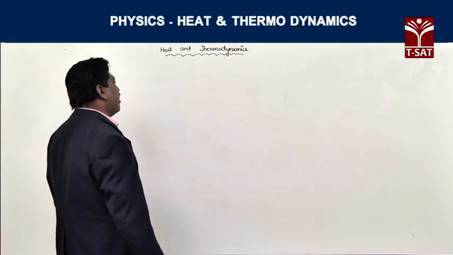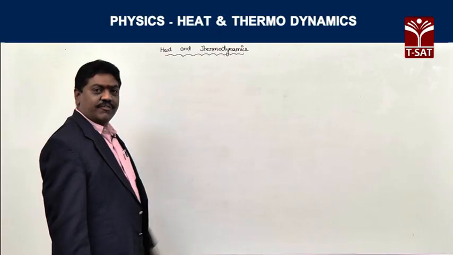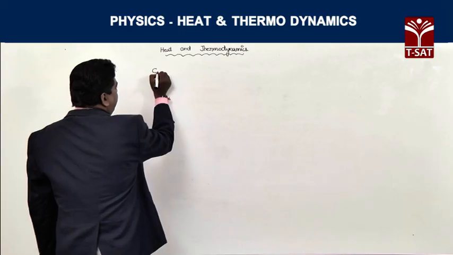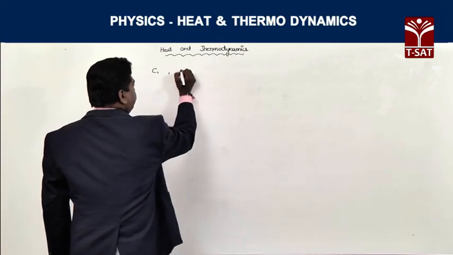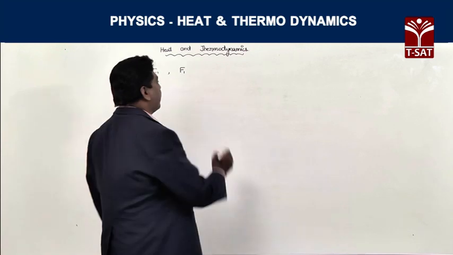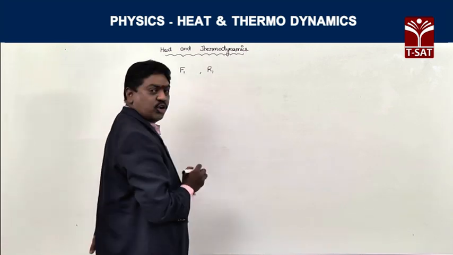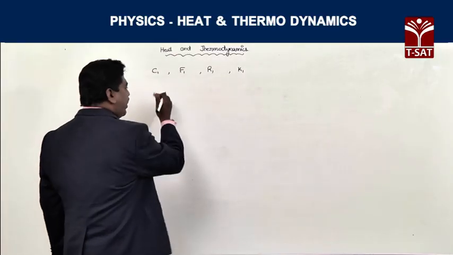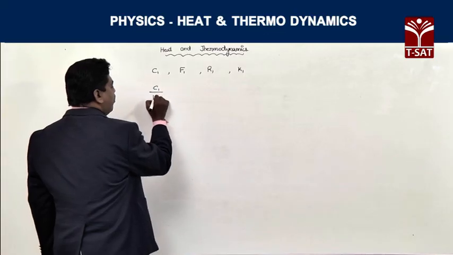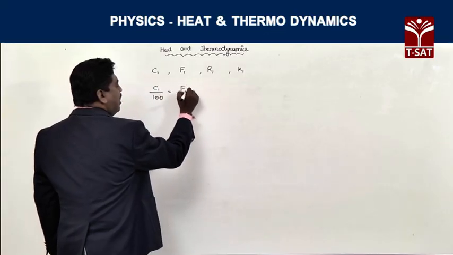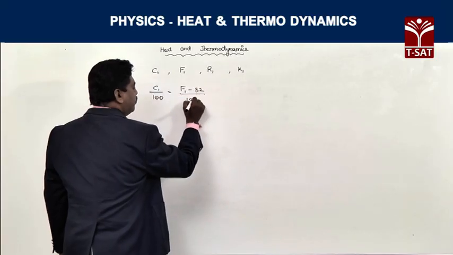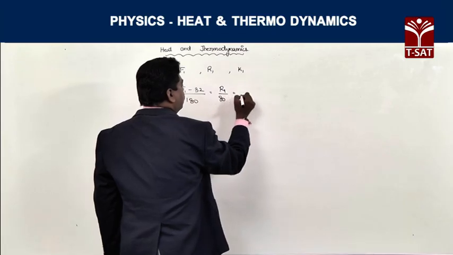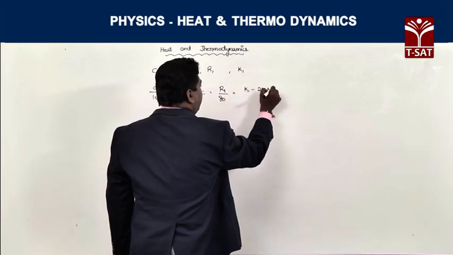Now, let us try to understand the temperature difference on different scales. For example, let us say C1 is the measurement on the Celsius scale, F1 on the Fahrenheit scale, R1 on the Reaumur scale, and K1 on the Kelvin scale. In such a case, we can write C1 by 100 is equal to F1 minus 32 by 180 equal to R1 by 80, equal to K1 minus 273 by 100.